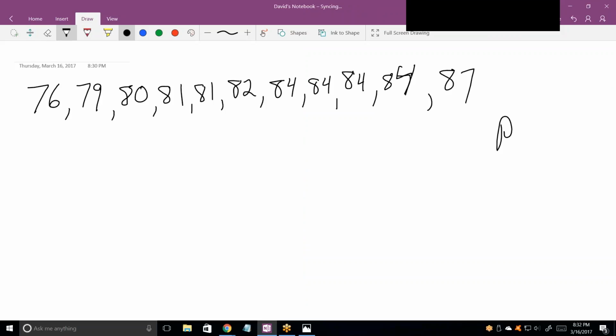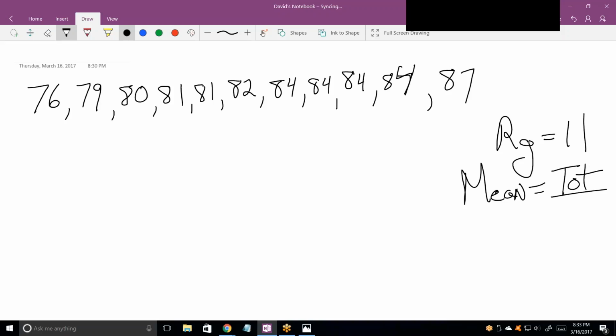Okay, so the range is 11. What's the mean? How are we going to get the mean? You add them all up and you divide them by 11. That's right. And that's just an exercise in arithmetic. We'll just write it as the total divided by 11.